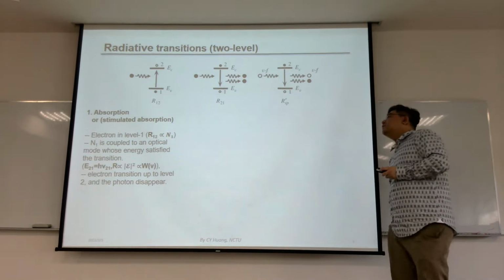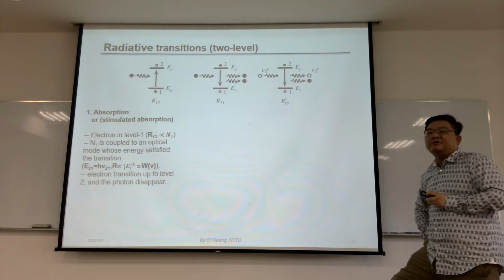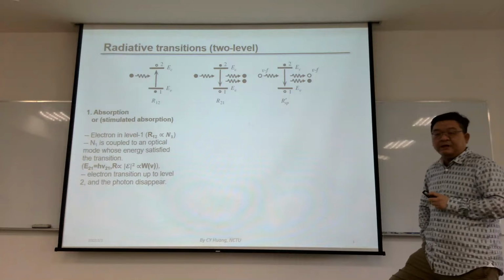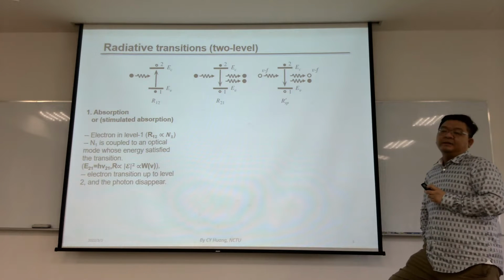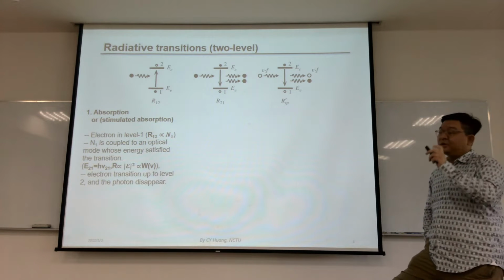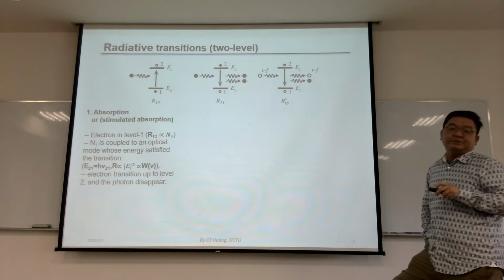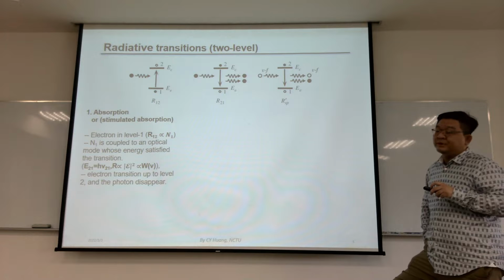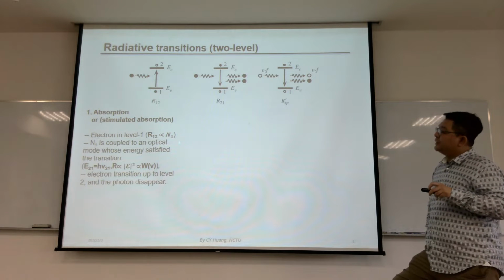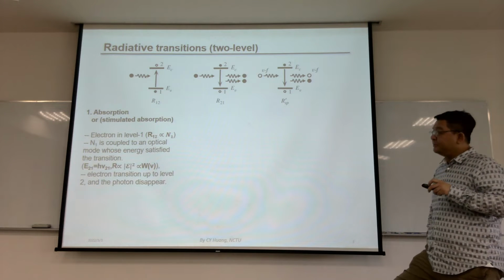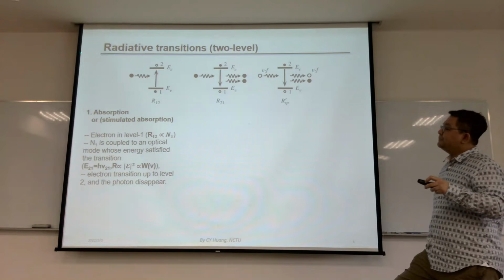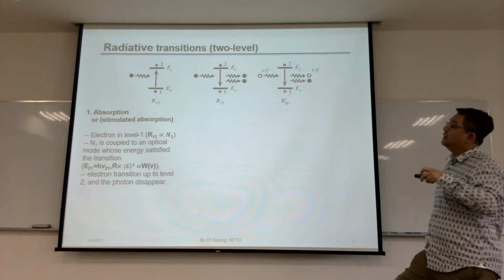Okay, so radiation transition has three mechanisms, but later you will know there is actually only one mechanism. The first mechanism we learned is called absorption, or more accurately, stimulated absorption, because it must be absorbed under stimulation.